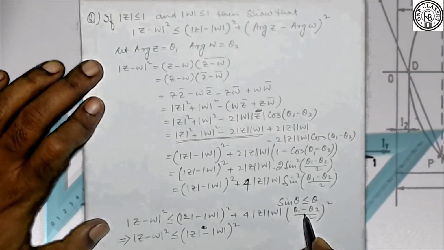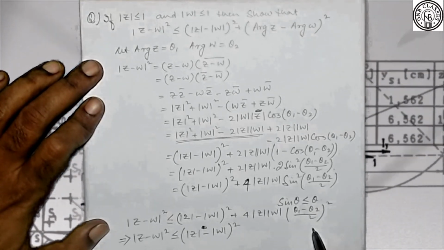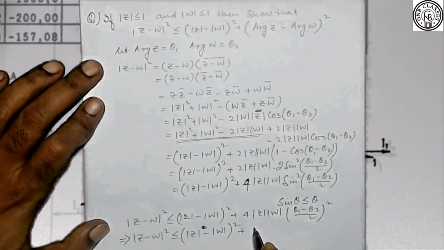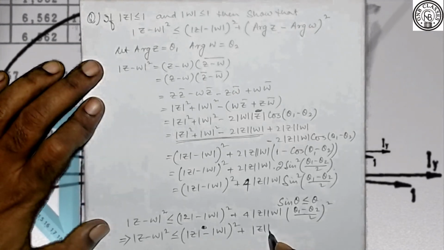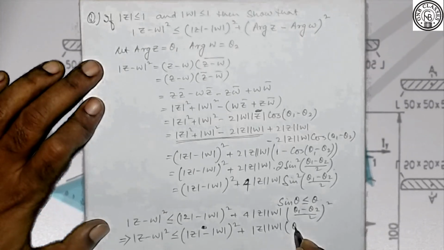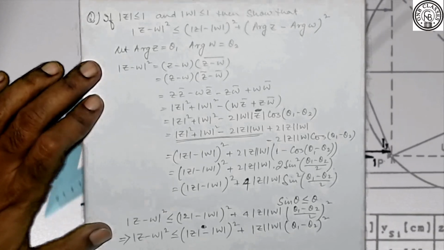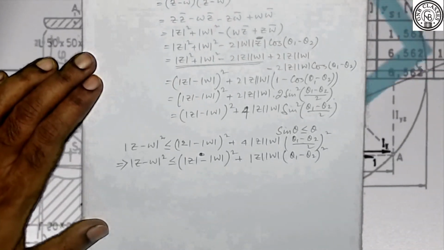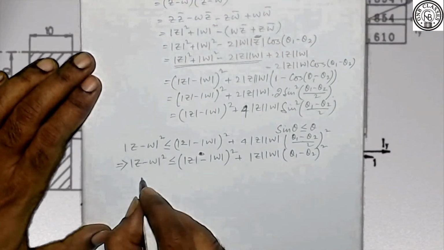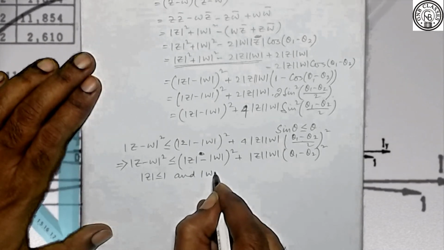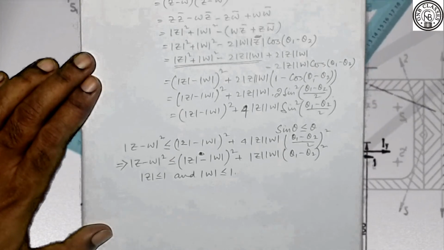So if I open the bracket, it will be theta 1 minus theta 2 whole square divided by 4. The 4 goes off, so it is mod z mod w theta 1 minus theta 2 square. Again, it has been said in the question that mod z is less than or equal to 1 and mod w is less than or equal to 1.